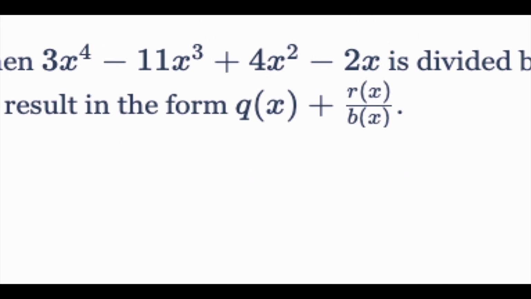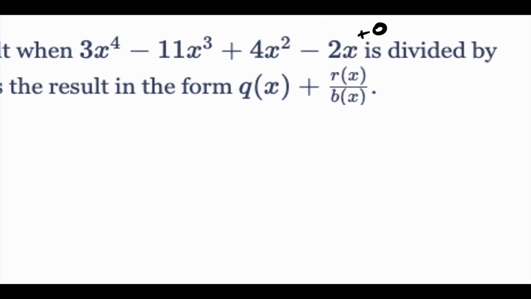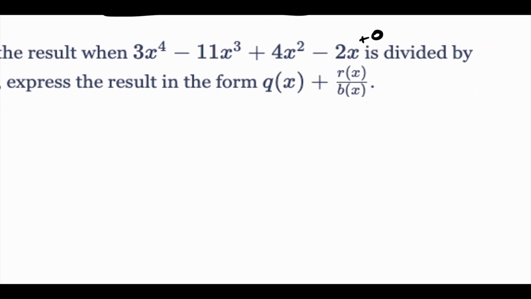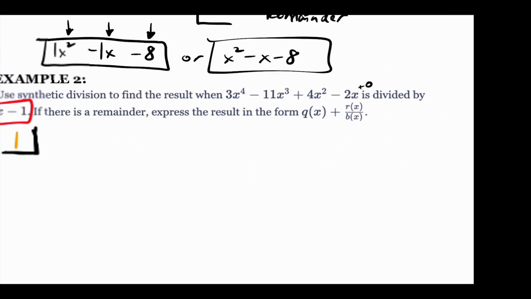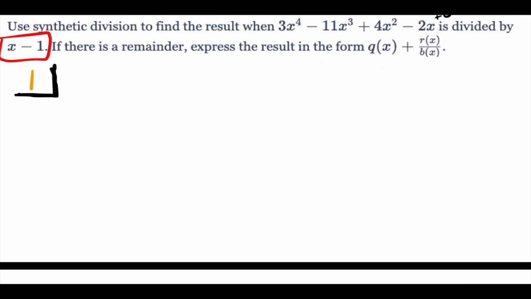So the first thing I got to do is put in a placeholder. Plus 0. In between, at the end, big important. In the front, if I were to put a 0 in front, doesn't matter. In the middle or at the end, very important. Okay, all right, so let's set it up. So I need the coefficients.